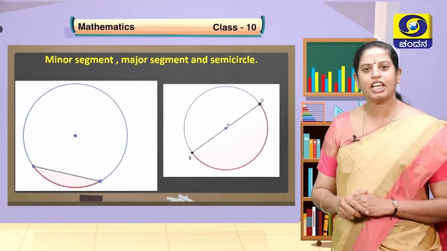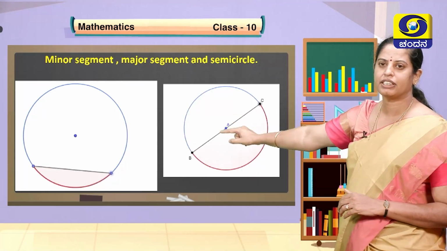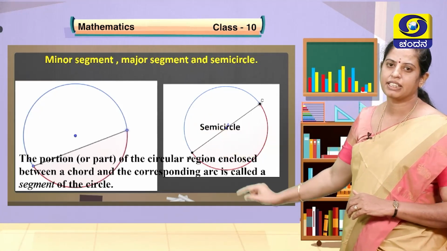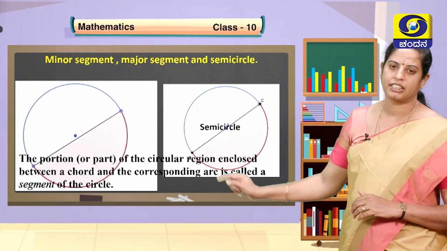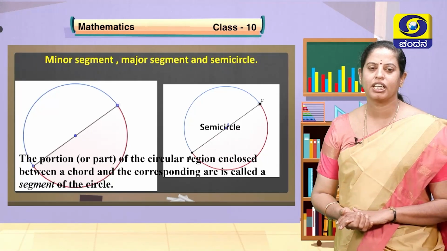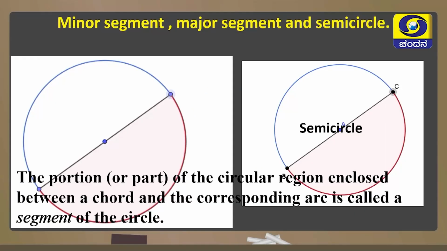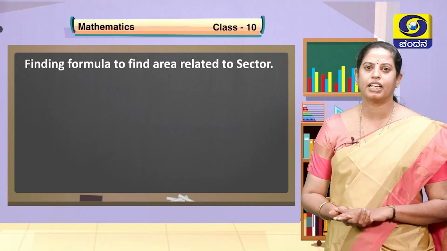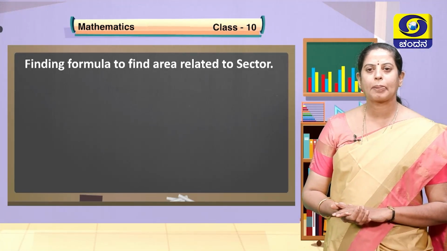If that chord becomes the diameter, then the circle is divided into 2 equal parts, it is called a semicircle. Then what is the segment? The portion or part of the circular region enclosed between a chord and the corresponding arc is called a segment of the circle. Now, you recalled what is a sector and what is a segment.